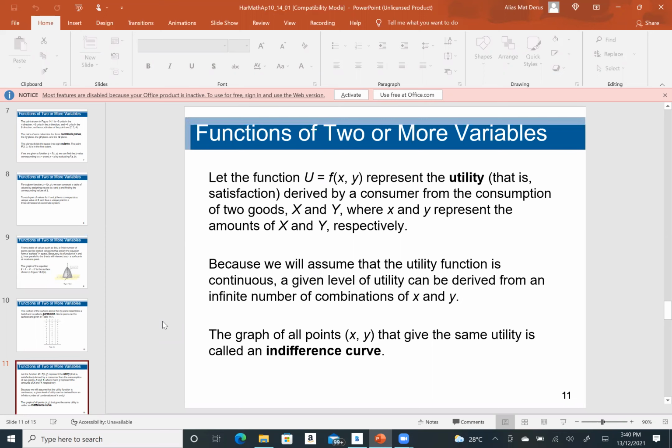The other example is example number 5. You have production, how you organize the input to produce output. So two examples. Now let me go into a little bit more detail about the application of utility.